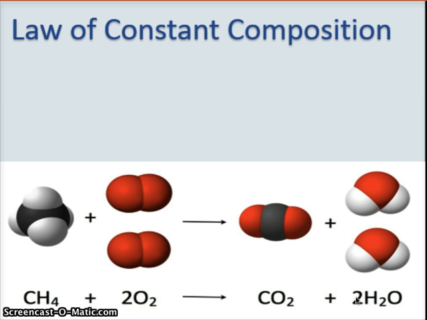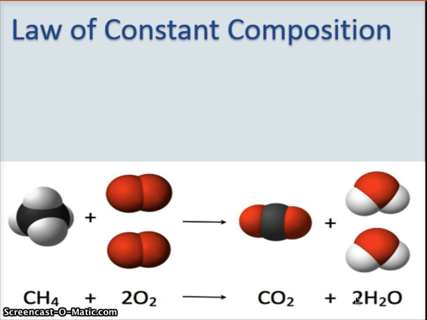So hydrogen has a 1-to-8 ratio, or actually 1-to-16. No, I'm sorry, 1-to-18 ratio. So hydrogen has a mass of 1 atomic mass unit, and oxygen has 18 atomic mass units.